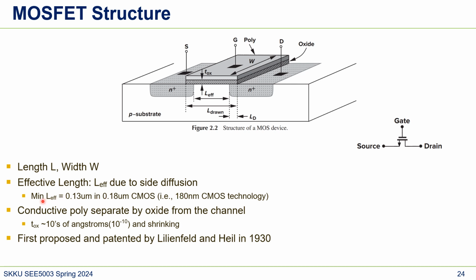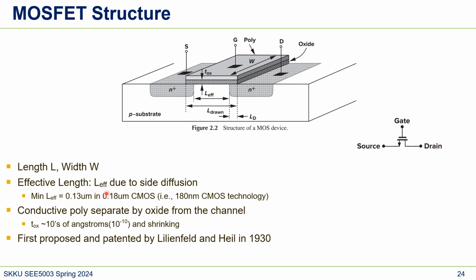For example, the minimum effective L is 0.13 micrometer in 0.18 micrometer CMOS. We usually call this CMOS 180 nanometer. So again, in 180 nanometer technology, the minimum effective L is 130 nanometer.